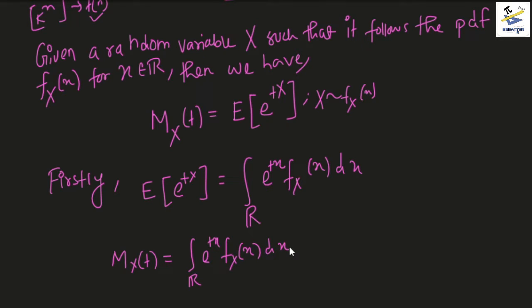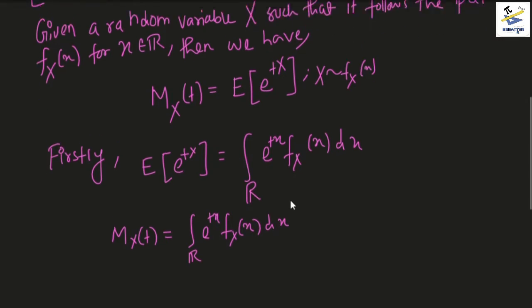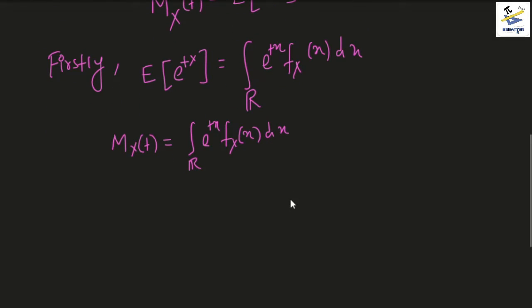Now we can use this to understand why it is called the moment generating function and not something else. So recall the Taylor series of e to the power x, which is as follows.